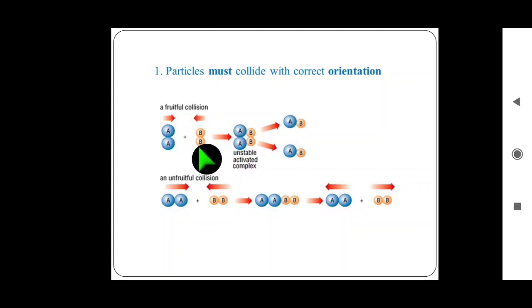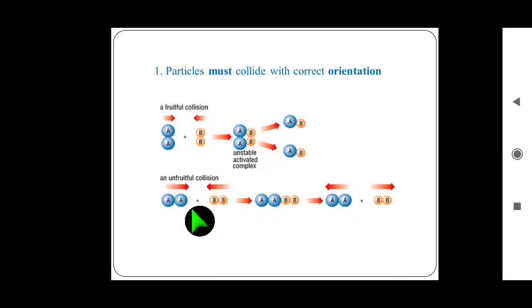The first one, vertical: the A2 molecule combines with the B2 molecule, the unstable activated complex is formed, and from that, 2 moles of AB products are formed.